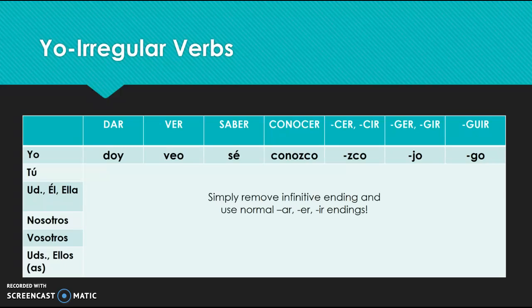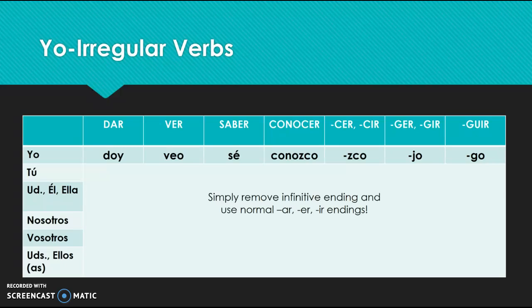Doy, veo, sé, conozco, escojo. Now, the newer ones might be the CER and CIR verbs, and that's to avoid a co sound, so we need to get ZCO involved.